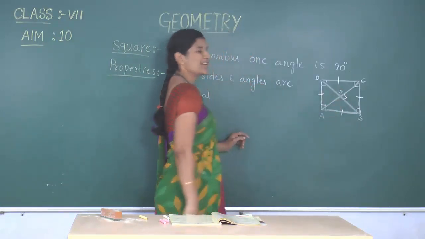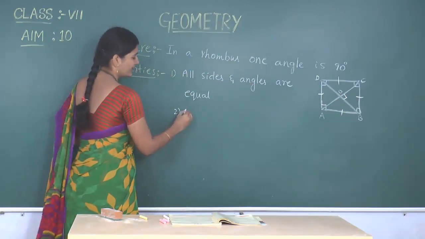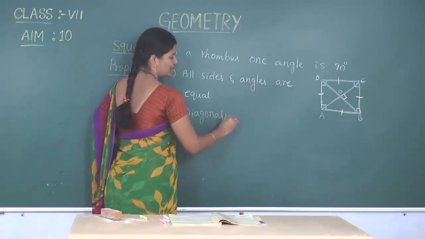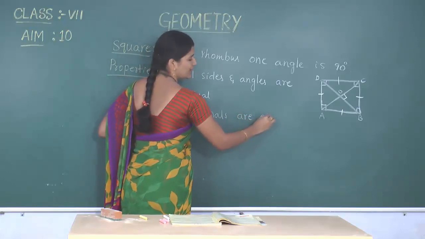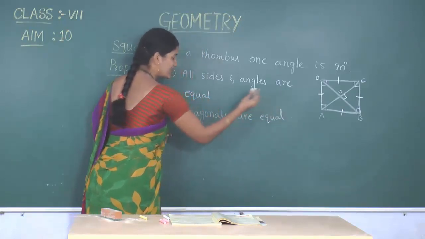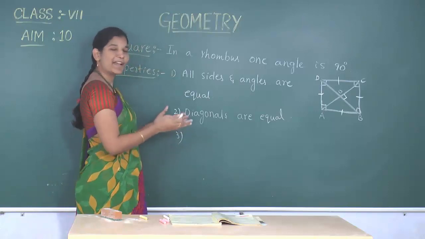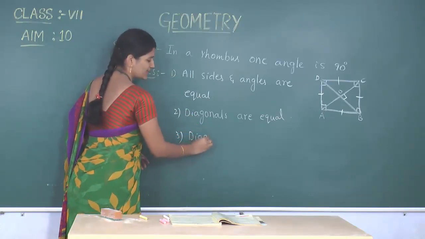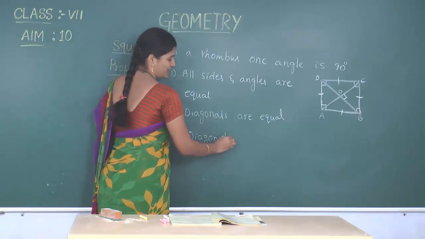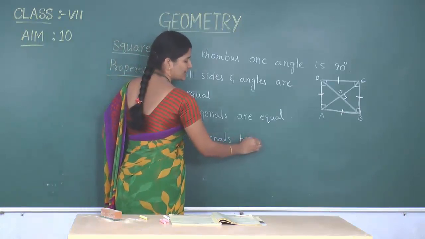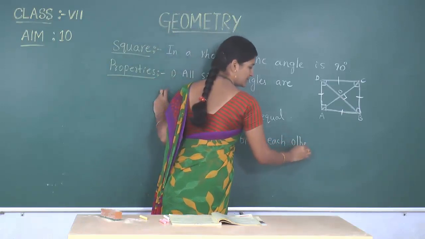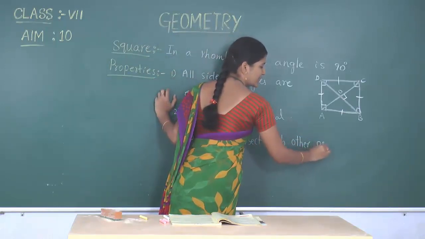Let it be O here. And see, diagonals are equal. And the next property is diagonals bisect each other at right angle, perpendicularly.